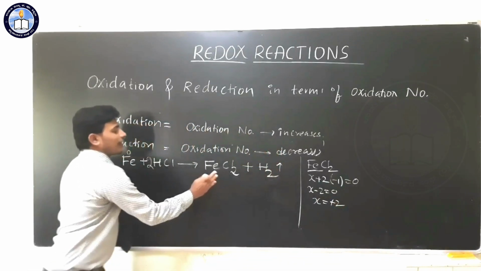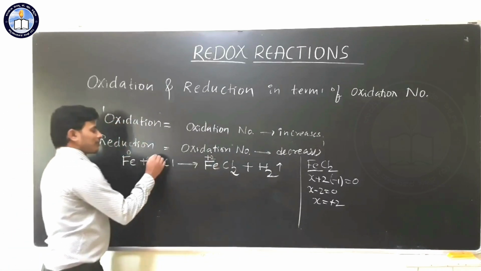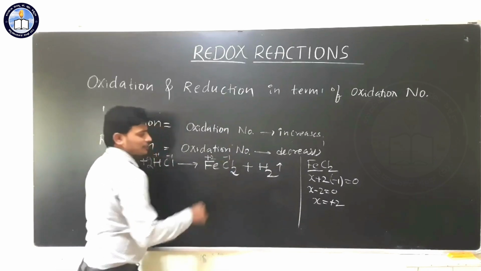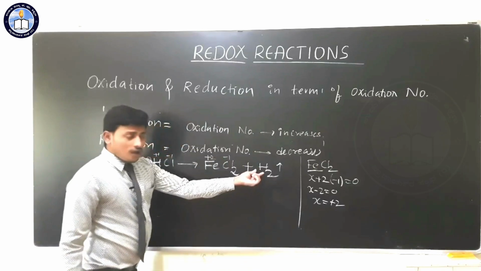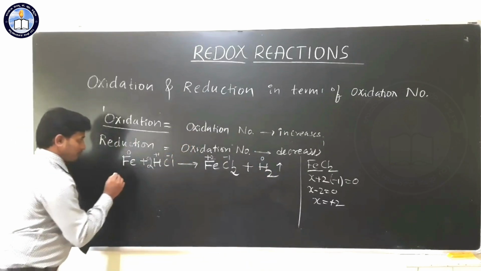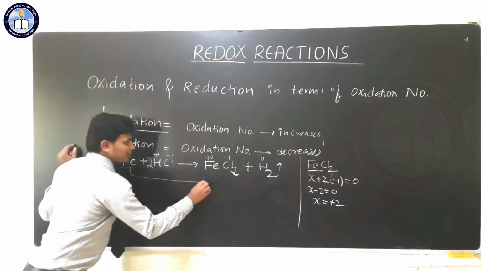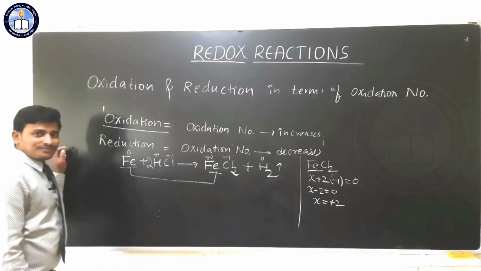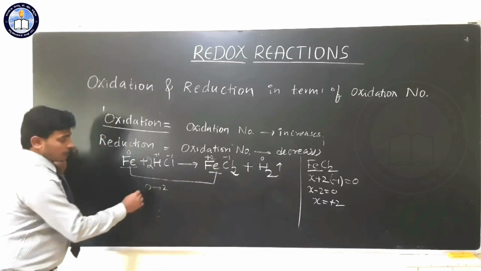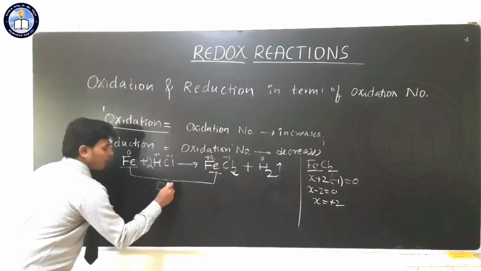That means for iron here it is plus 2. Hydrogen we know is plus 1 in HCl, and Cl is minus 1. For hydrogen in H2, it is in elemental state, therefore it is 0. Now see this carefully, iron is 0. From 0 it turns into Fe2 plus. Oxidation number goes from 0 to 2, an increase from 0 to 2, that means increase in oxidation number, therefore it is known to be oxidation.